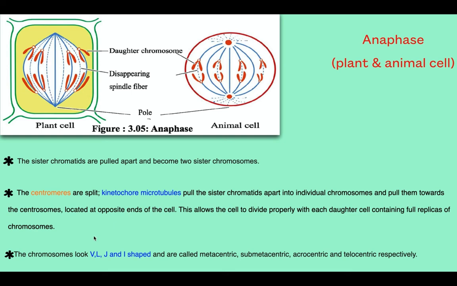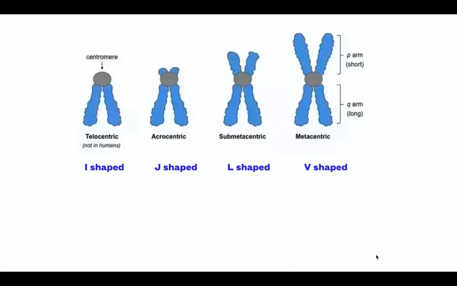One important point here I would like to mention, that during this travel, these chromosomes look like V, L, J and I shaped, and they are called metacentric, submetacentric, acrocentric and telocentric respectively. Let us see another picture. These names come from the position of the centromere here. So it is almost at the middle, so both arms are equal, so it is V shaped.